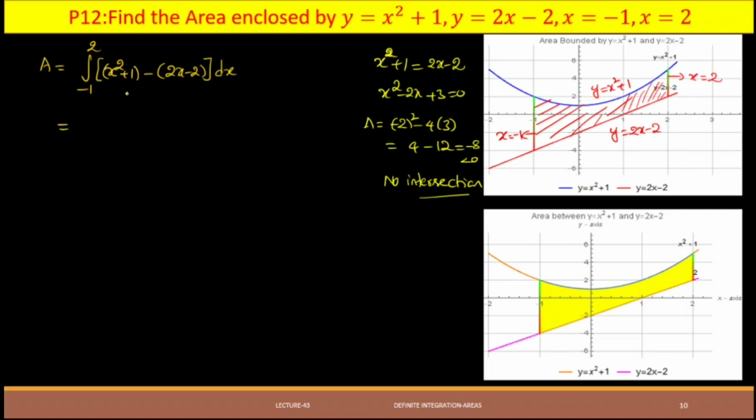So that is integral minus 1 to 2 of x square plus 1 minus 2x plus 2, which simplifies to x square minus 2x plus 3 dx.